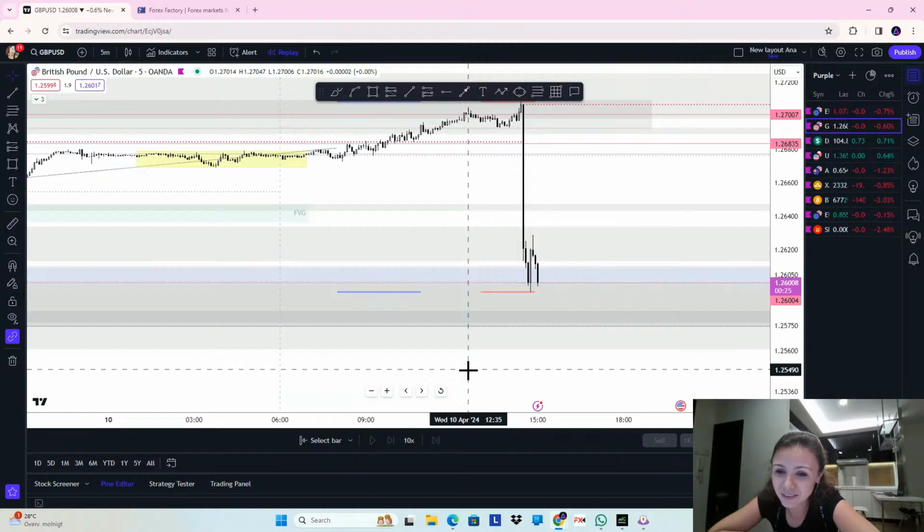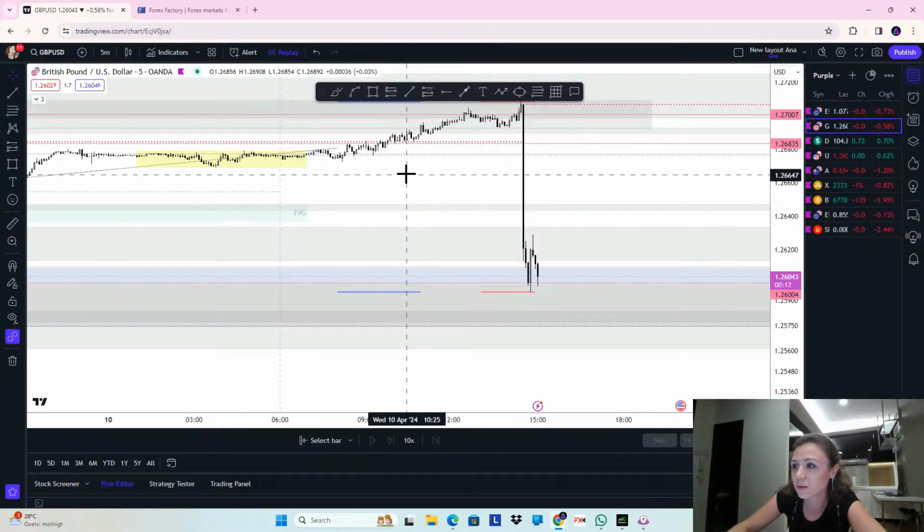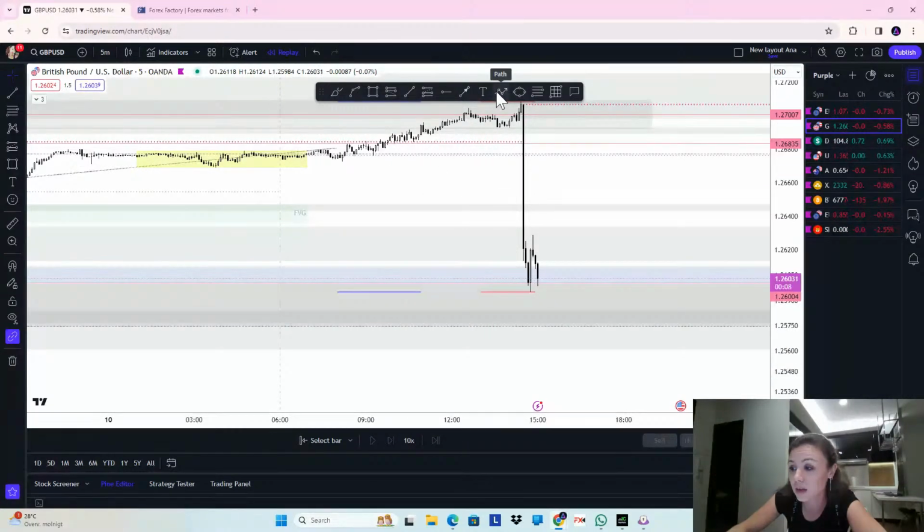Do you normally trade after CPI? If yes, how long after? I usually don't trade after high impact news. If I really see a good setup, definitely not like 30 minutes after the news release, but for example with NFP last week, I took a trade 1.5 hours after NFP.